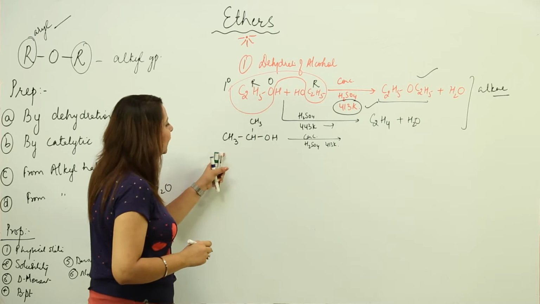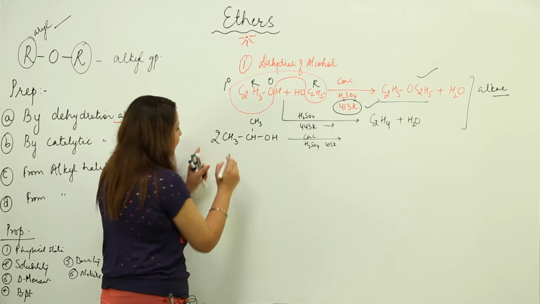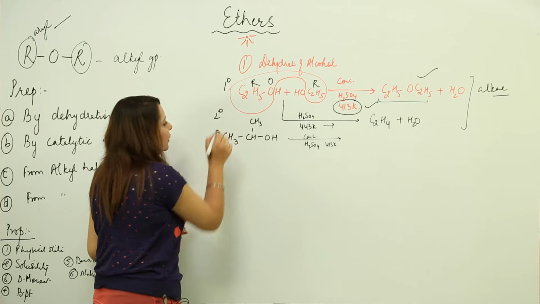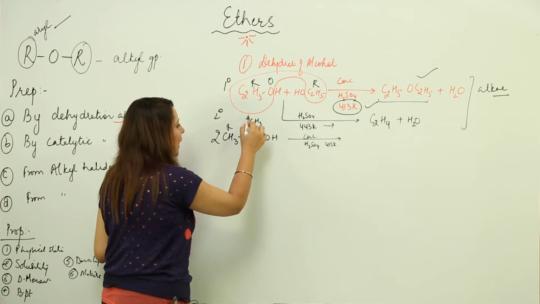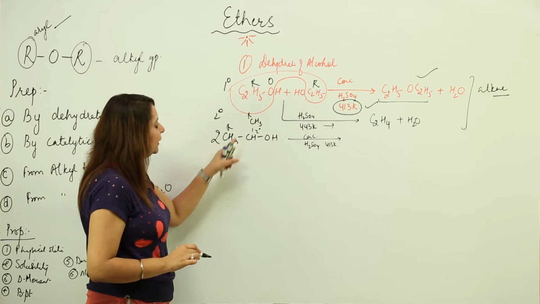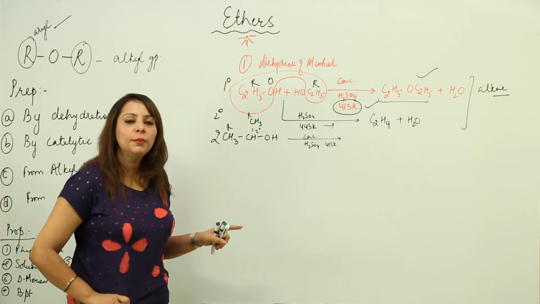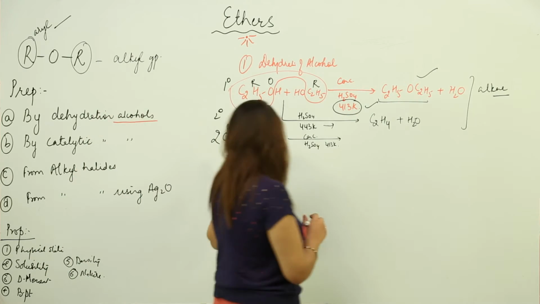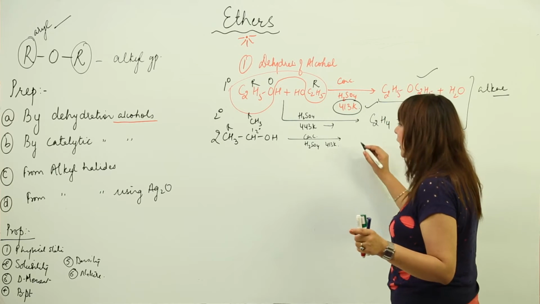Suppose I take two molecules of alcohol, but it is a secondary alcohol. As you can see, there are two R attached, so that means it is 2 degree. It forms both products, the alkene and the ether. But let us first form them, then I will tell you what the harm is.